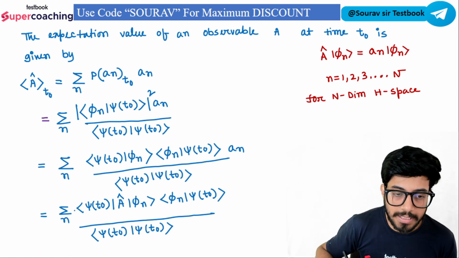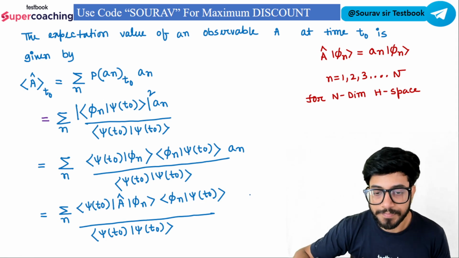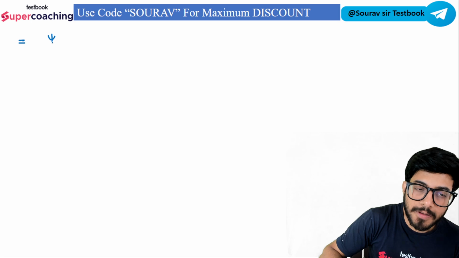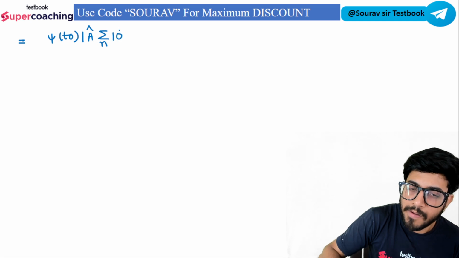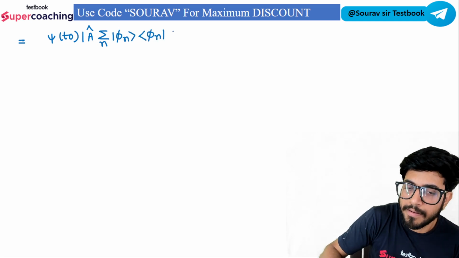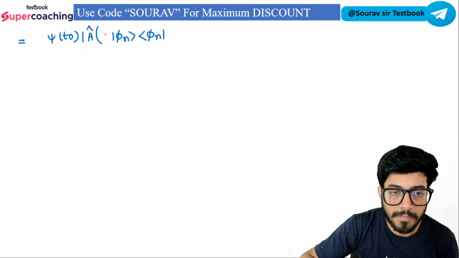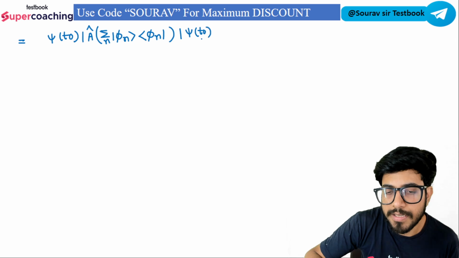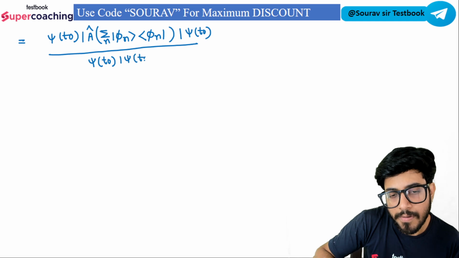Now you see psi of t0 is constant. You can take the summation inside and write it on the next page as psi of t0 A cap, summation over n phi n phi n, into psi of t0, divided by psi of t0 psi of t0.